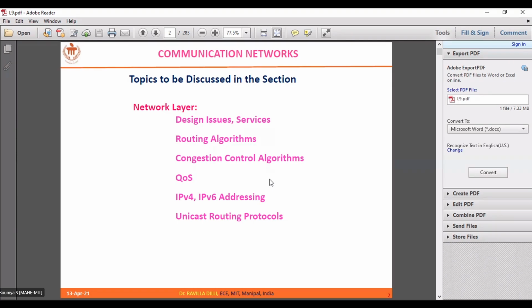Network layer is another extremely important layer when we talk about a network as a whole. Its functionality is so diverse that it tries to accommodate most of the functions that is possible, right? Now, design issues, as you can see from the slide, design issues and services.